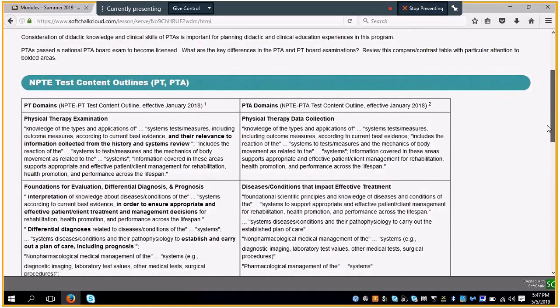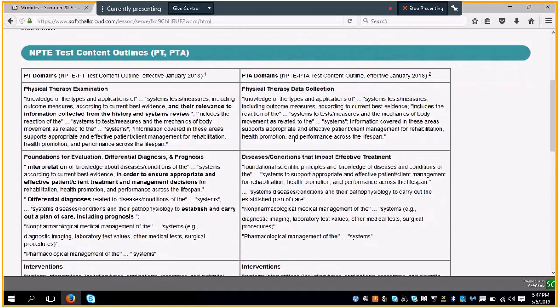So this course, History and Systems Review, is a significant component that differs in the physical therapy examination as compared to what you have been accountable for as a physical therapist assistant.